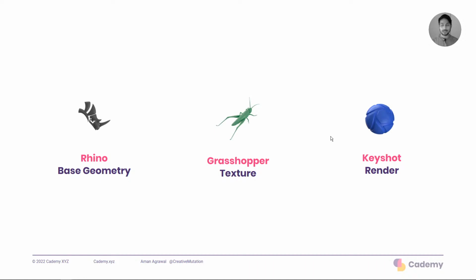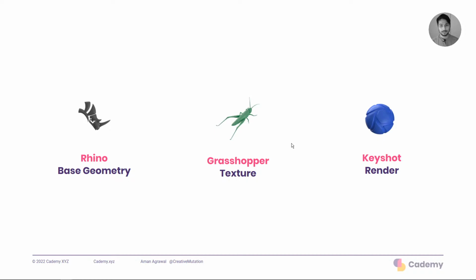So what are we going to do in this workshop or webinar? We will start by creating a VR headset in the Rhino environment. On certain surface parts of the VR headset, we will apply texture using Grasshopper. Once we have done that, we will move to Keyshot and render the VR headset.